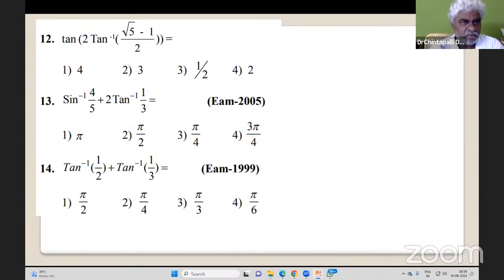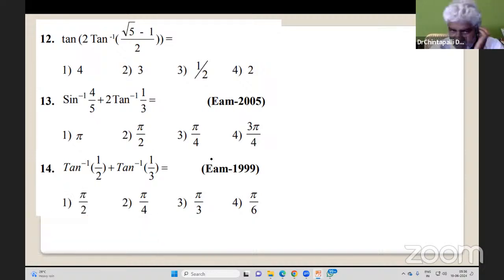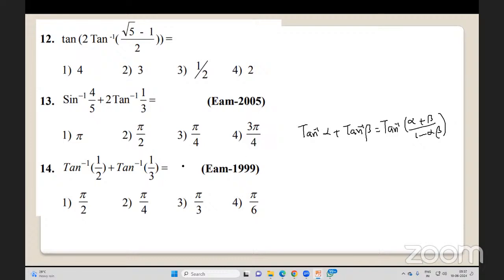First, let us solve the 14th sum. Do the 14th sum first. Yes, sir. Do you remember there was a formula? Tan inverse alpha plus tan inverse beta is tan inverse of alpha plus beta by 1 minus alpha beta. Direct formula, right? Yes. Use it and solve the 14th sum.